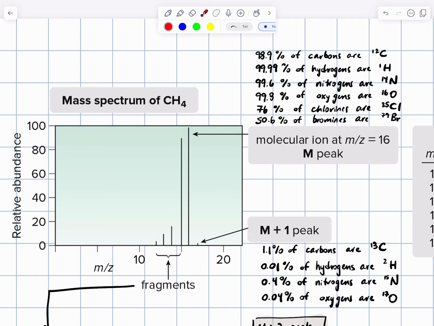In practice, for modern mass spectrometry, we have high resolution techniques that actually allow us to see the difference between carbon and hydrogen and nitrogen and oxygen, and I'll talk about that a little bit later.